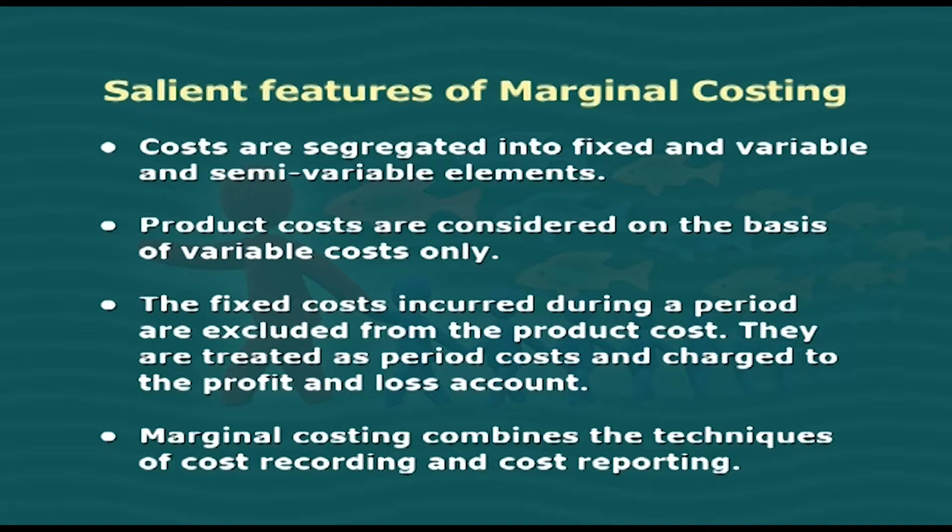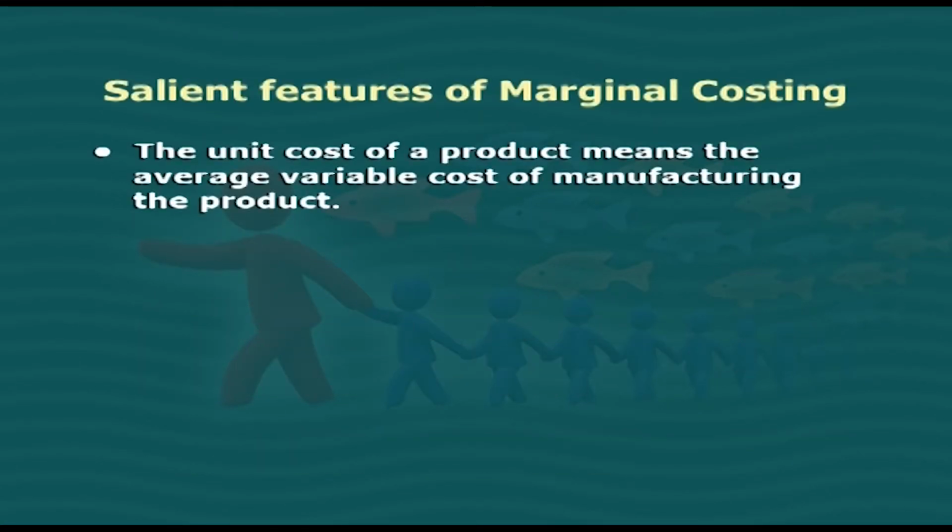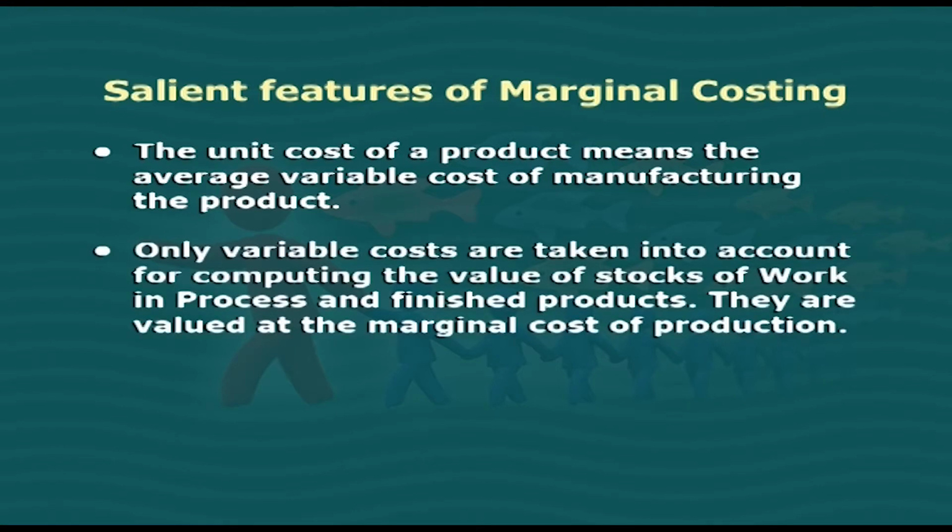Friends, marginal costing combines the techniques of cost recording and cost reporting. The unit cost of a product means the average variable cost of manufacturing the product, and only variable costs are taken into account for computing the value of stocks of work in process and finished products.